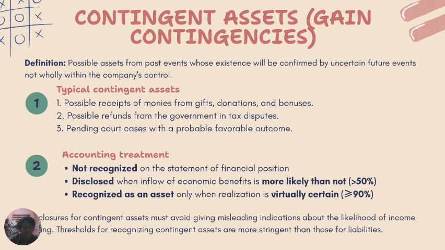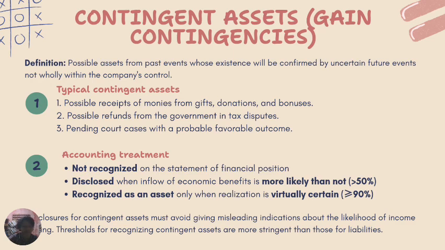So this is the accounting treatment for gain contingency. Contingent assets are not recognized on the statement of financial position, but they may be disclosed in the note when an inflow of economic benefit is more likely than not, for example, more than 50%.